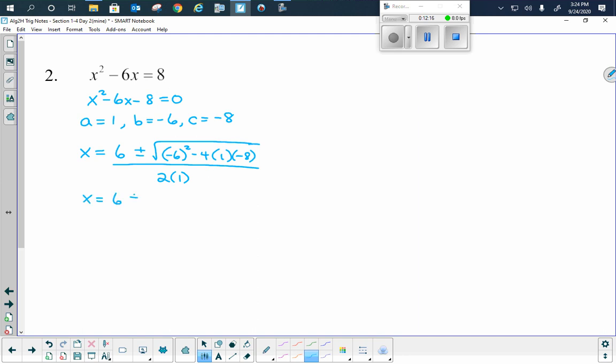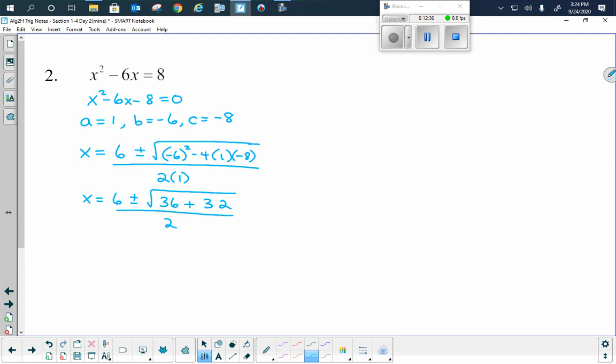So x equals 6 plus or minus, first number better be positive, 36. Negative times negative with the -4, 1, and -8 is going to be positive. And then I'll get 32 in here, all over 2.